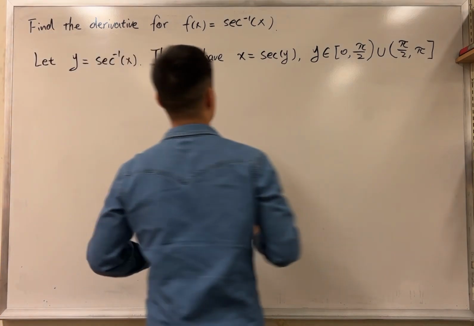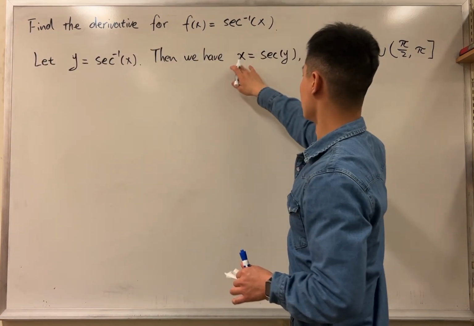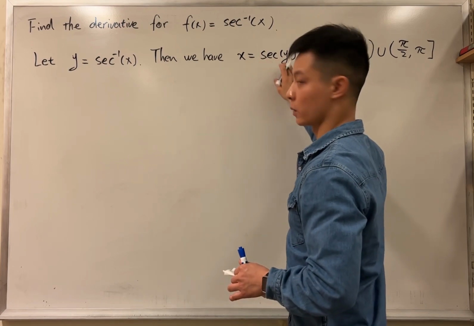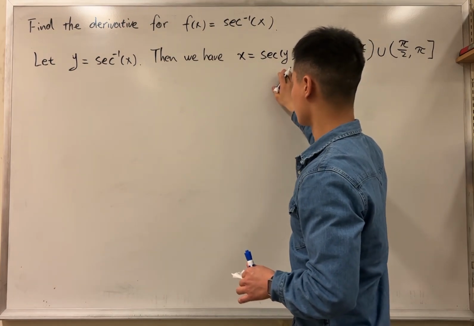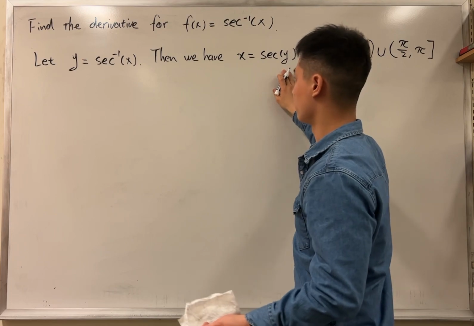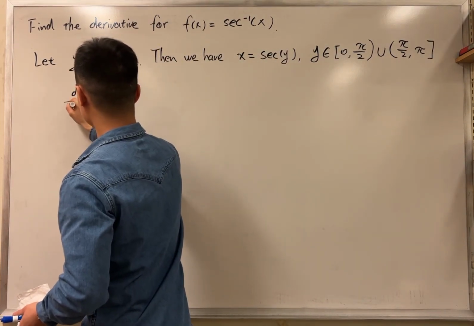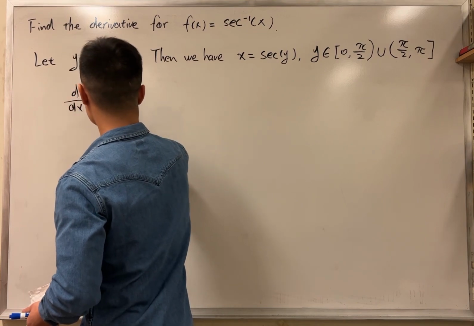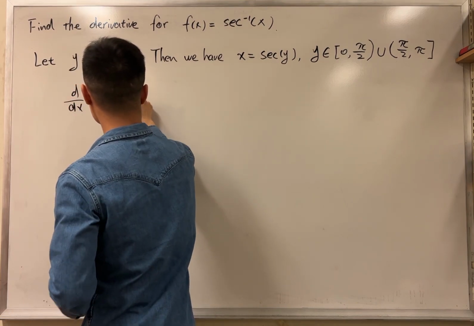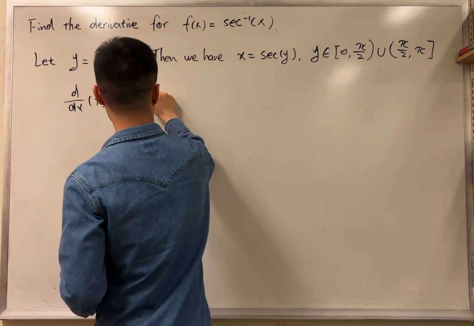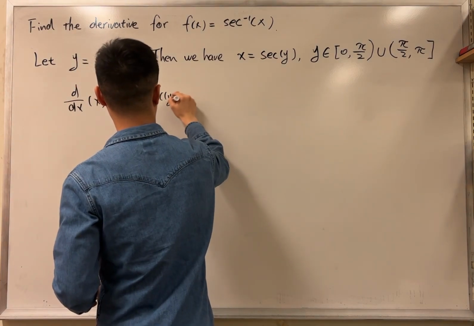Then we will take the derivative with respect to x on both sides of this equation, which is also called implicit differentiation. And that is going to take us to d over dx for this x, and then d over dx for this secant of y.